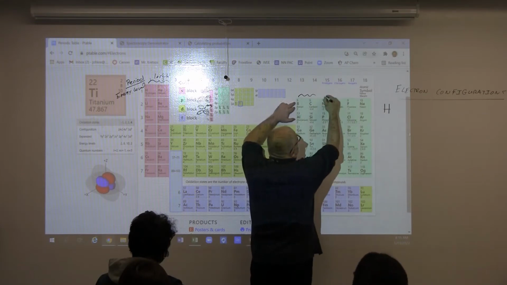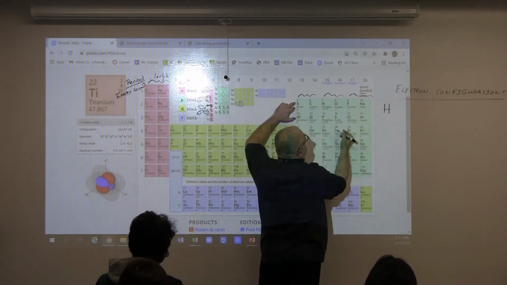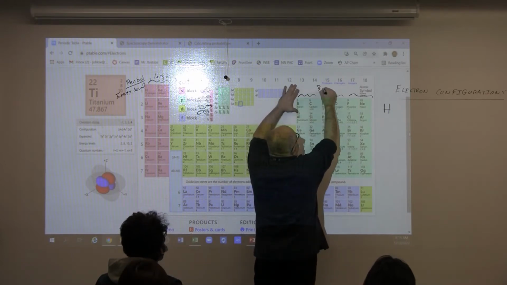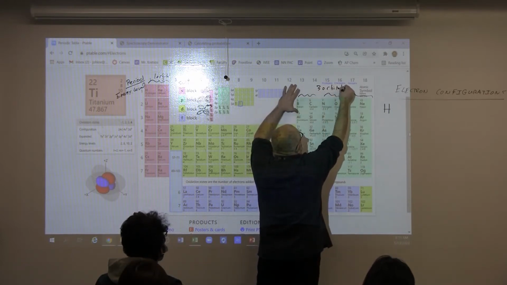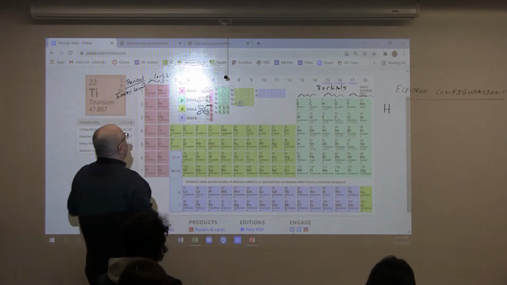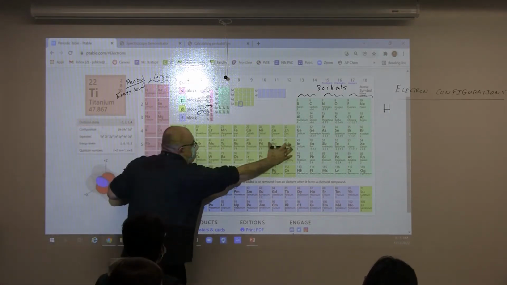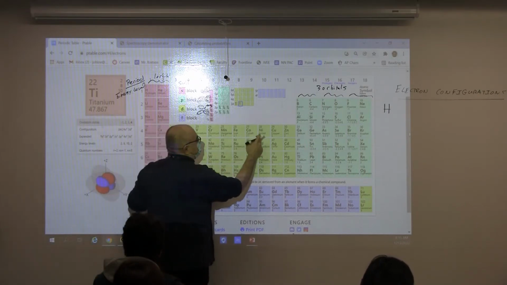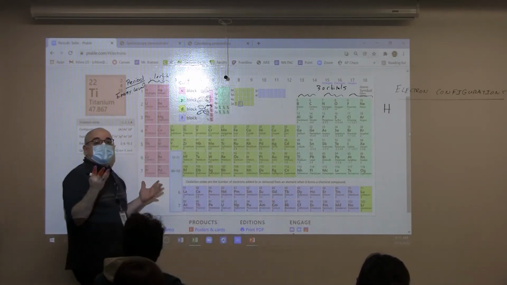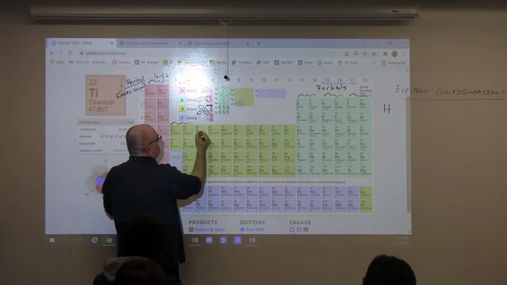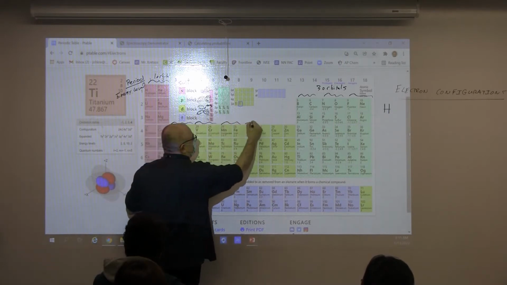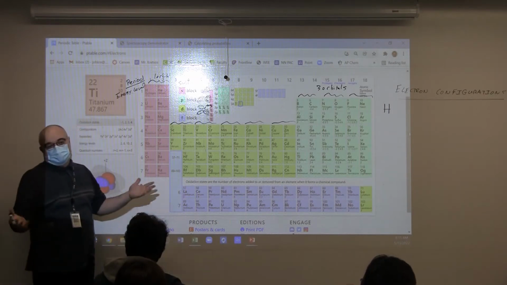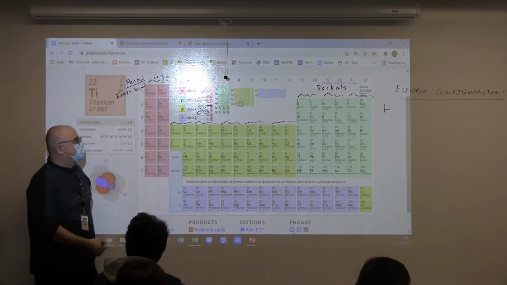So 1, 2, 3 orbitals worth, which is why it holds 6. Now, here in the D block, if you just cut in half the number of elements, 1, 2, 3, 4, 5, 6, 7, 8, 9, 10, it implies 5 orbitals. 1, 2, 3, 4, 5. And then at the bottom, I won't break the little brackets, but it's 7.